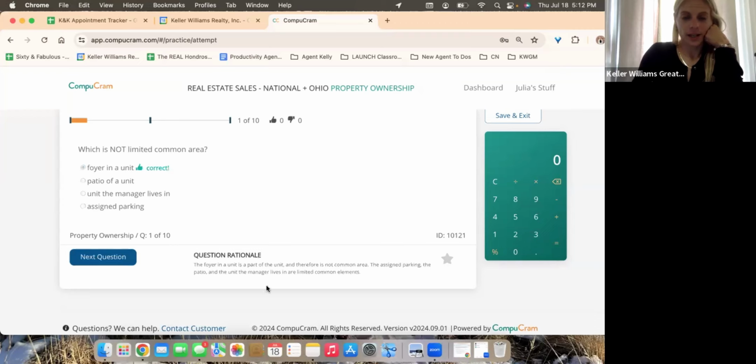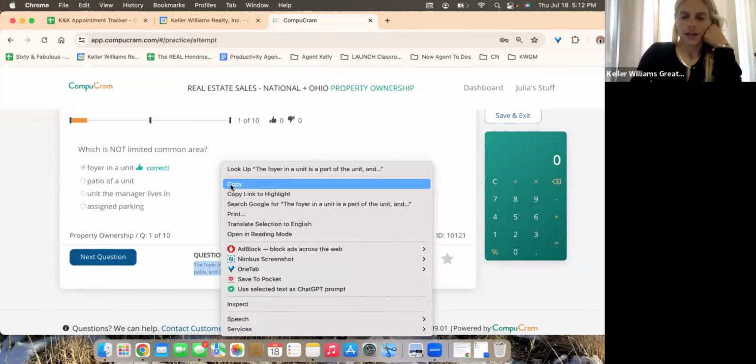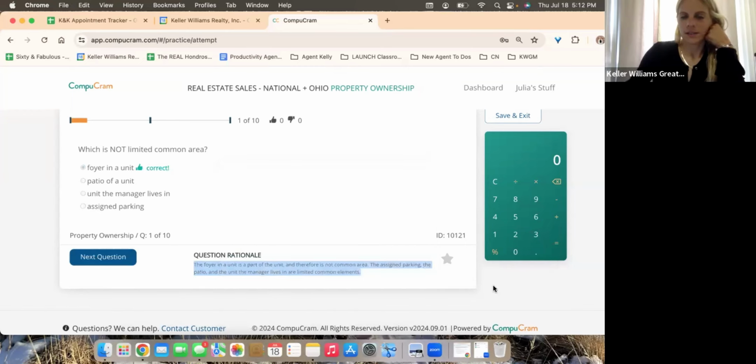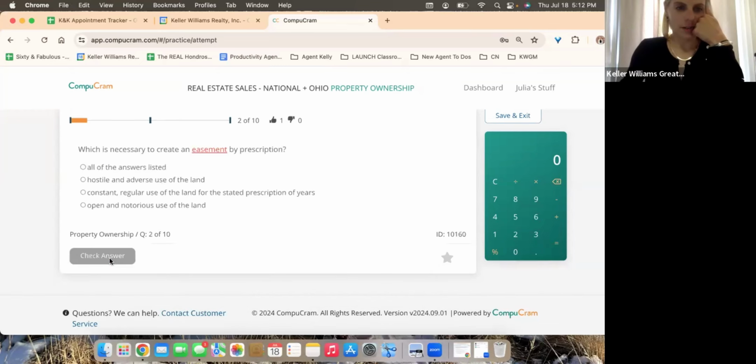Okay, we got A. A is correct. Good job. The foyer in a unit is part of the unit and not common area.